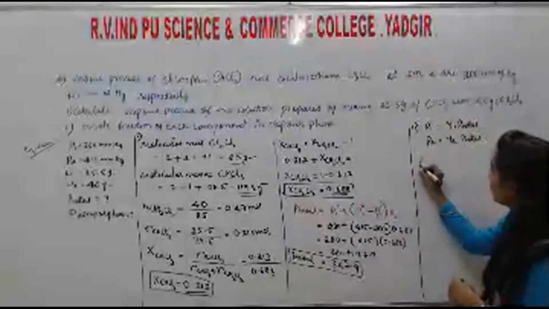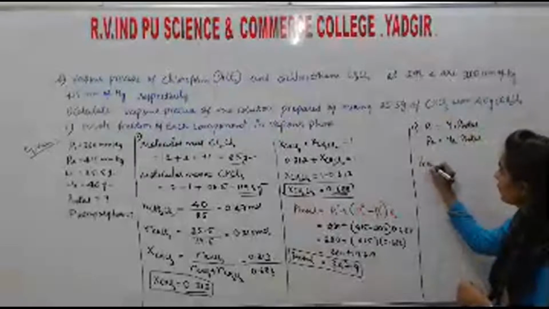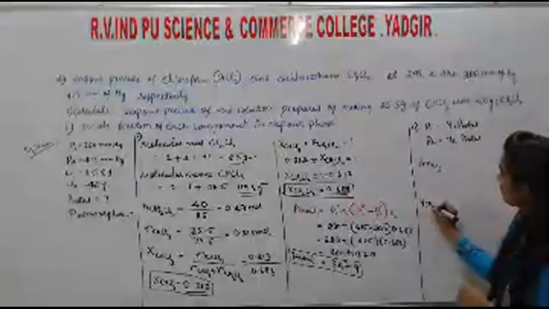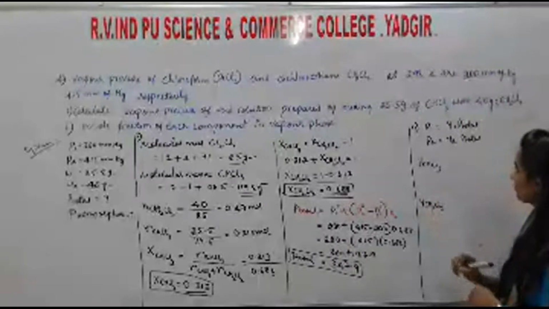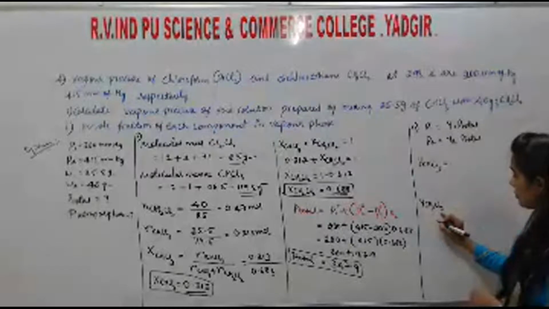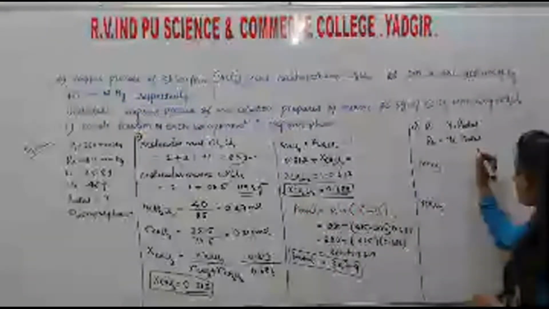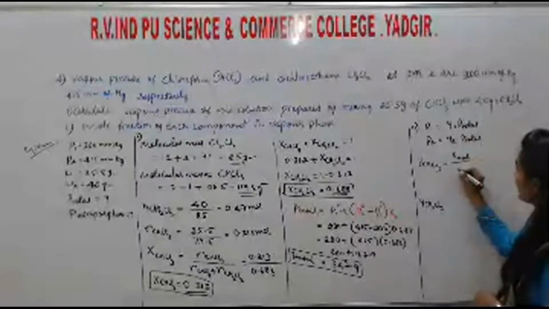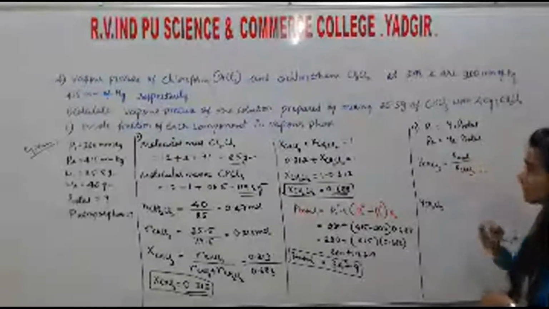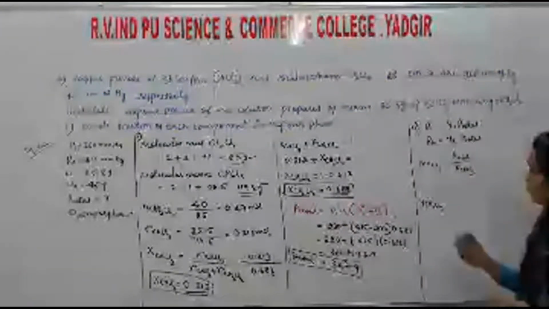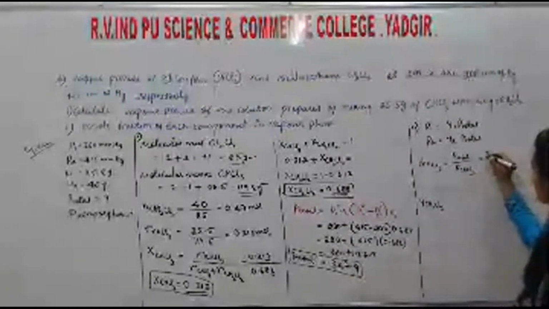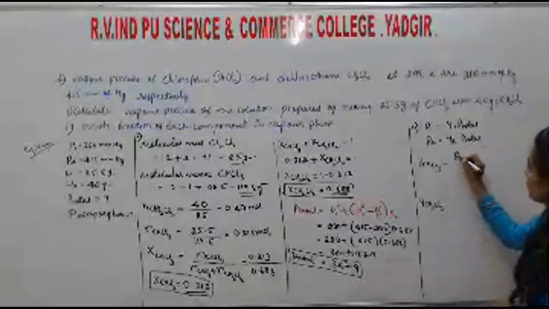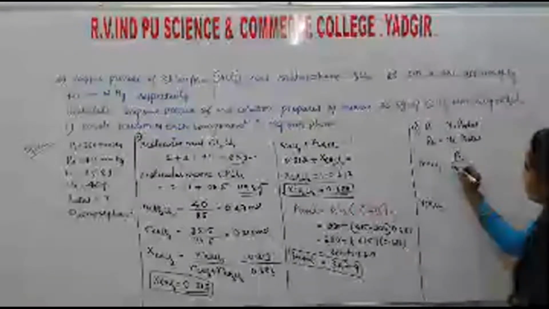So we want Y1, that is Y of CHCl3, and Y of CH2Cl2. For CHCl3, this becomes P1 divided by P total.